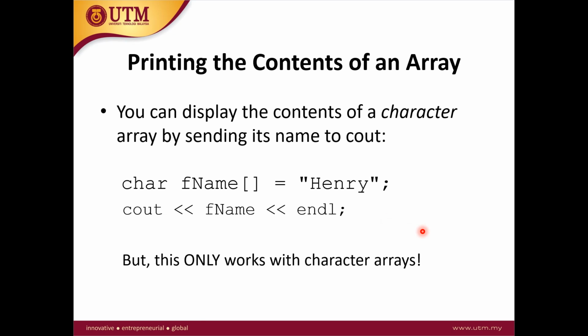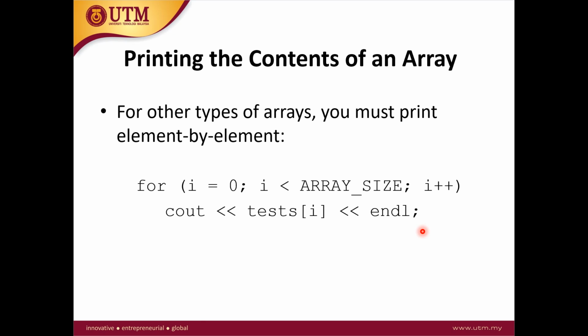But if you've got an integer array or double or whatever, apart from characters, this method doesn't work. You need to specify which element to be printed. So in order to print all the elements of that array tests, we need to create a for loop to print element by element from 0 up to the size minus 1.